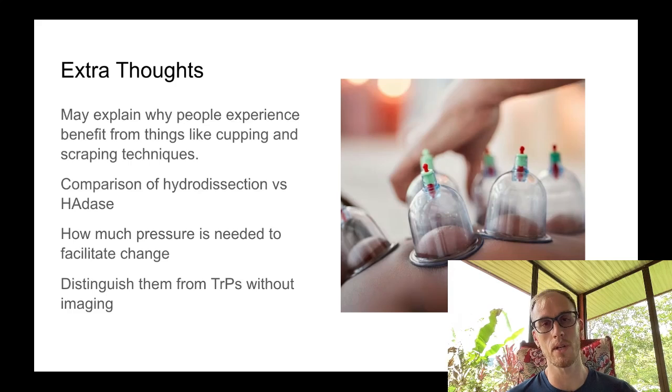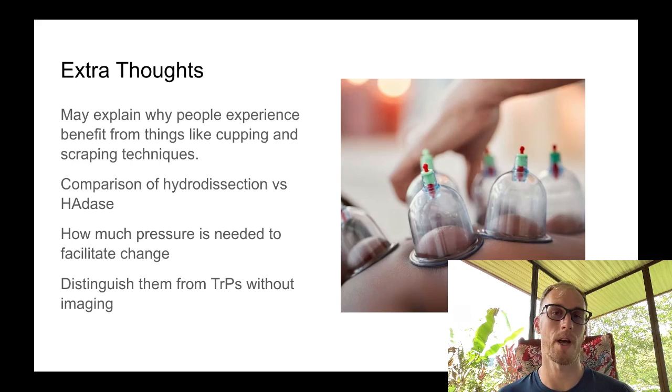Because if it's mostly a pressure-related situation, we might be able to entirely reproduce that with our manual technique, as long as the fascial tissues are readily available with how we apply manual therapy in a normal context.